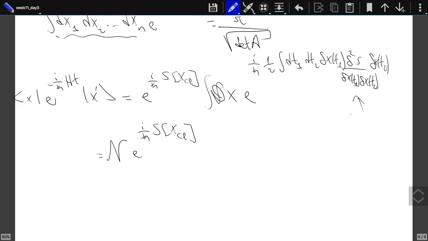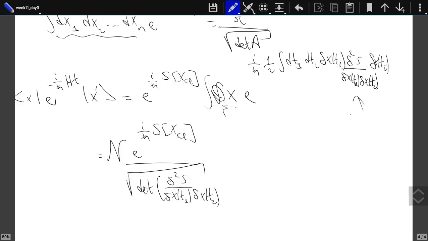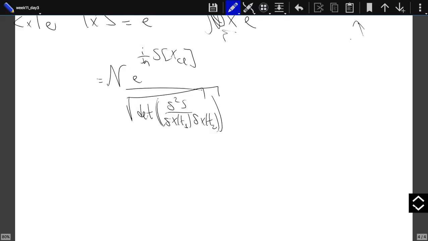This constant N also contains all the overall factors in the definition of our measure, divided by the square root of the determinant of this operator. Let's see what that operator is. Up to now, we were leaving everything arbitrary. Now let's just calculate that operator.